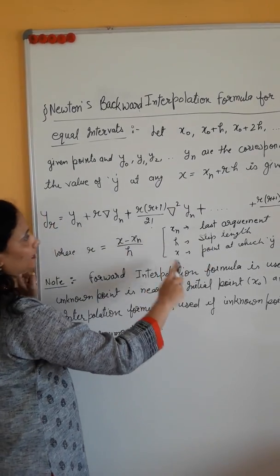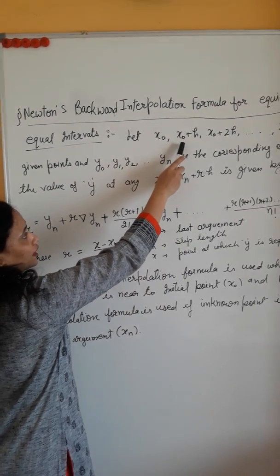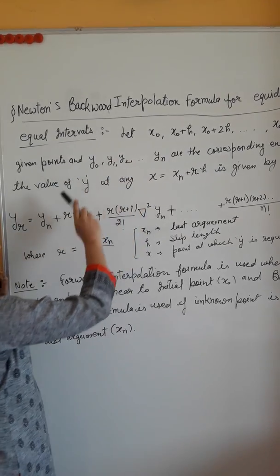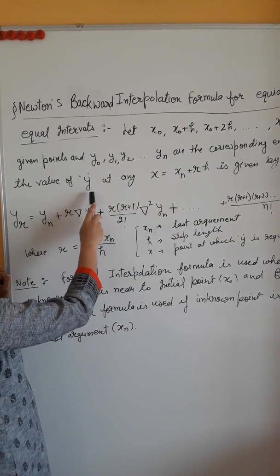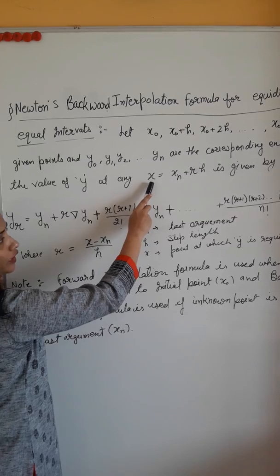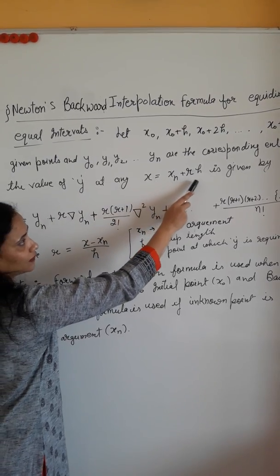I'll just read it again, that some points are given and corresponding to these points some entries are given. We have to find the value of y at any point x, which is equal to xn plus rh.